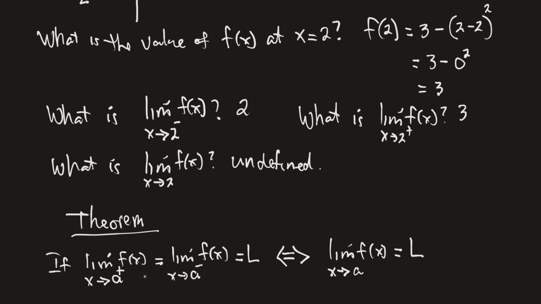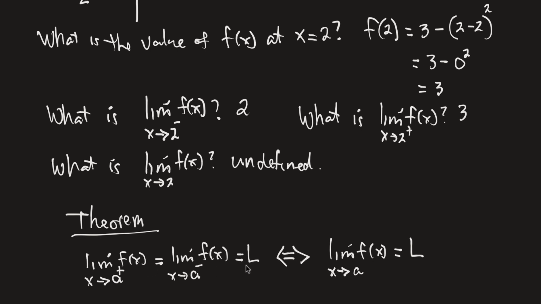So this is basically saying that, in fact, let me take off the if part of it, if the one-sided limits are equal, then the two-sided limit has to be equal to that value. Similarly, if the two-sided limit exists and is equal to a certain number, then the one-sided limits also have to be equal to that number, right?